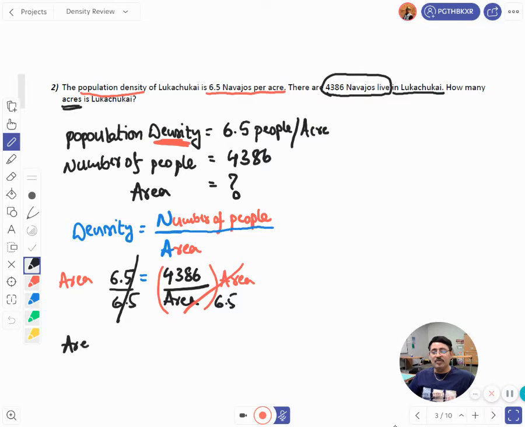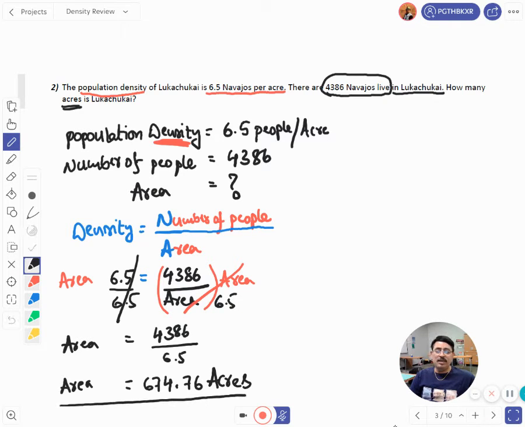So area equals 4386 over 6.5. So let me take my calculator. 4386 divided by 6.5 gives me 674.76. Either you may round it or you may take two places after the decimal.